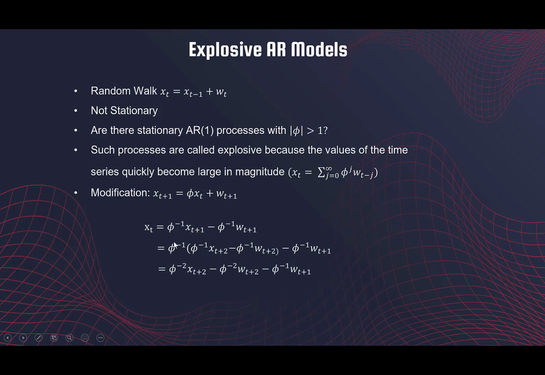I rearrange terms a little bit, and this is what we get: X_t is phi raised to minus 2 times X_{t+2} minus phi raised to minus 2 times W_{t+2}, and then this term. So now you can see we're writing X_t in terms of the future terms. You can keep continuing in this way, substituting for X_{t+2}, then X_{t+3}, and so on. If you do this k times, what you will get is phi raised to minus k times X_{t+k} minus this term here.